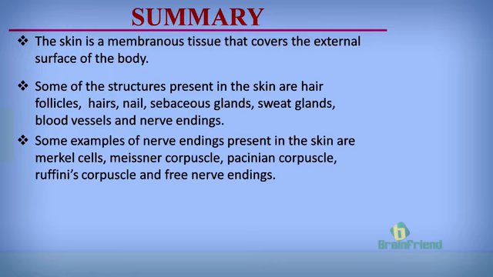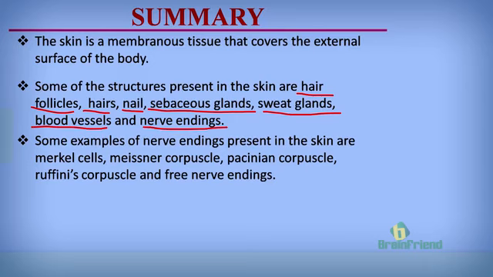So before we end today's class, let's quickly do a recap of all we've been learning today. We said the skin is a membranous tissue that covers the external surfaces of the bodies of animals. This we did as a review from our previous class. Some of the structures present in the skin are hair follicles, hairs, nails, sebaceous glands, sweat glands, blood vessels, and nerve endings.